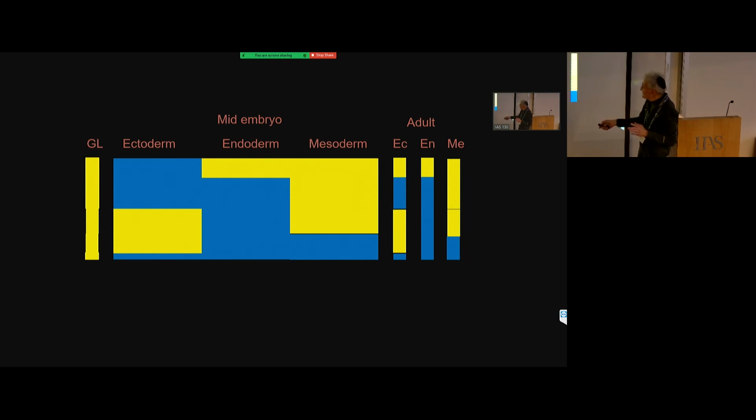These sites undergo demethylation, and basically they remain unmethylated. Here you have sites that are unmethylated in ectoderm and endoderm, and they're unmethylated in the adult tissues. This is only unmethylated in endoderm, and so on.